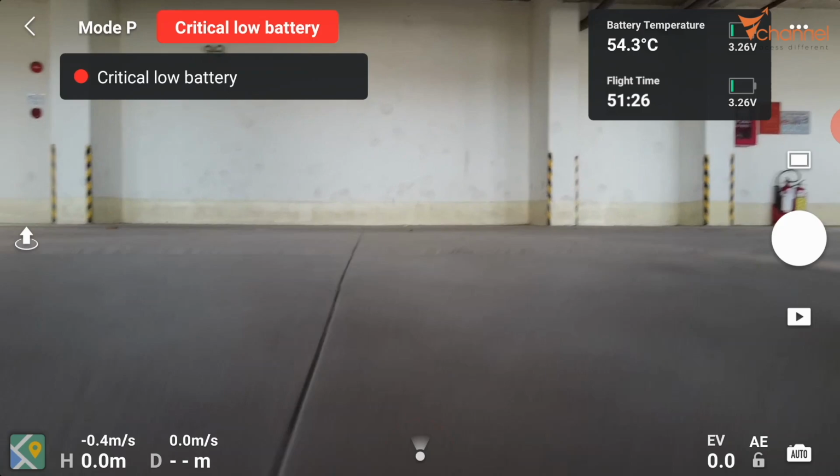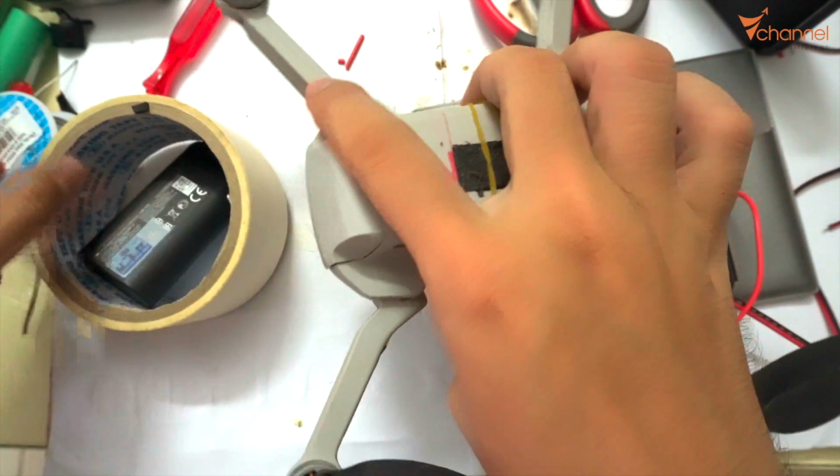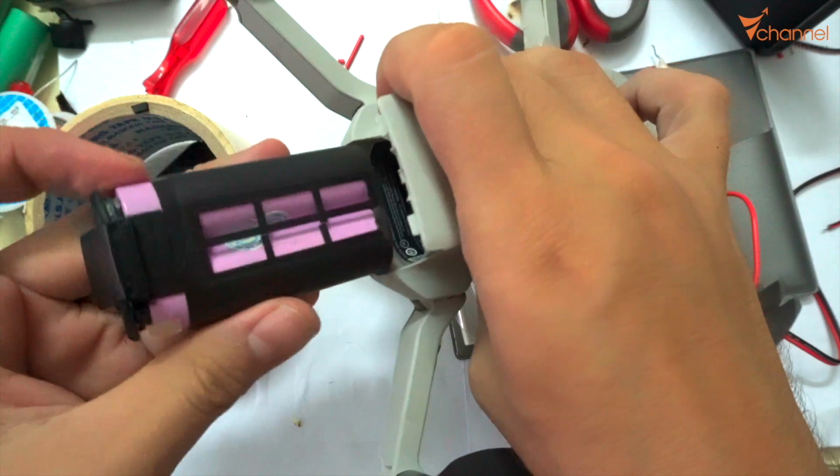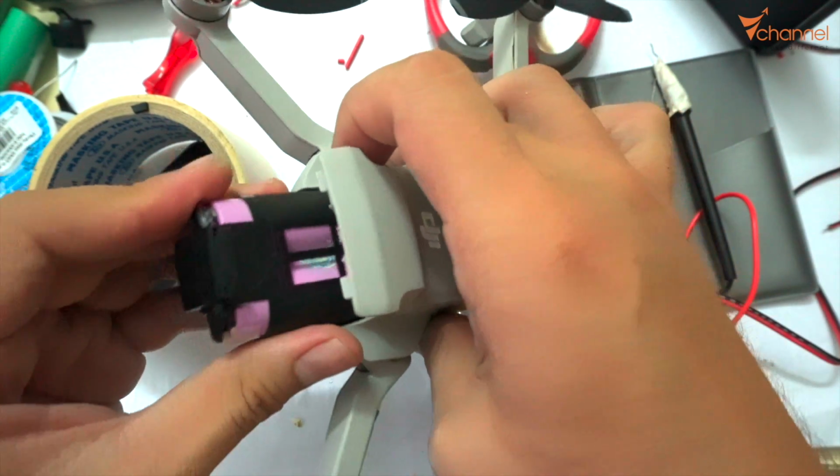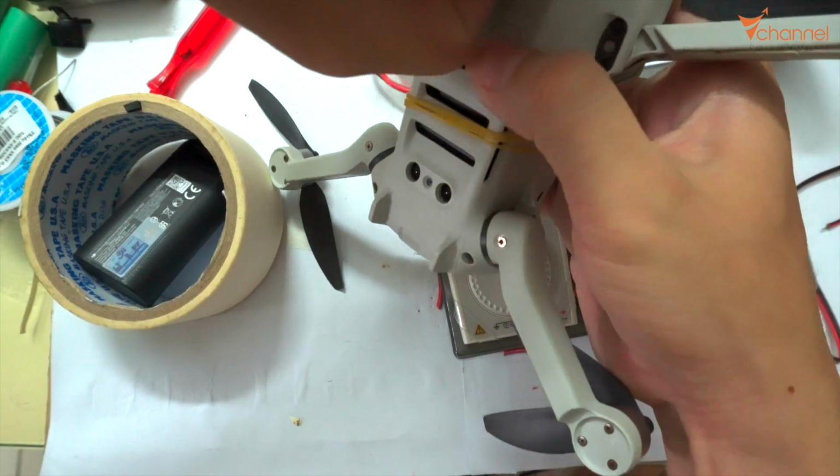Now the second method is to replace the original cell with the pink one, 3300 mAh. It will work because the weight of this cell is not much different from the blue battery.